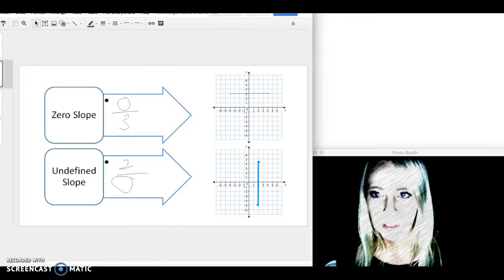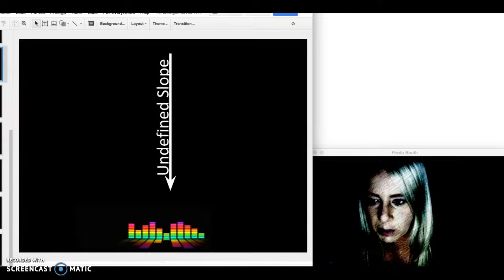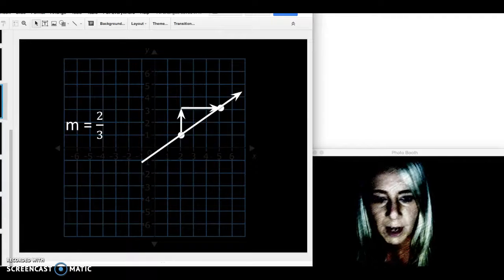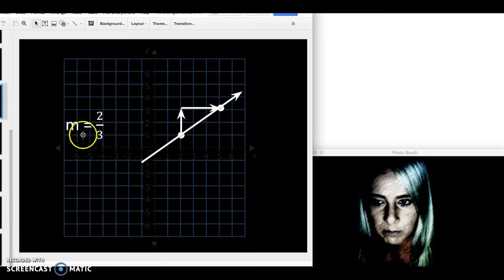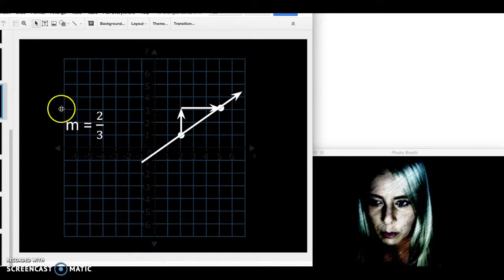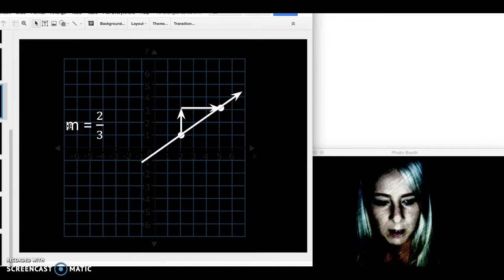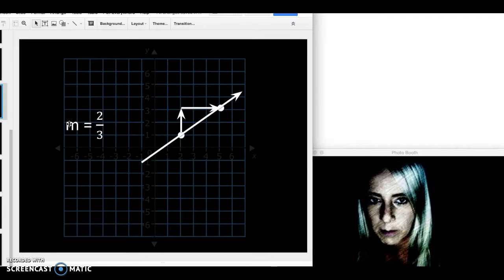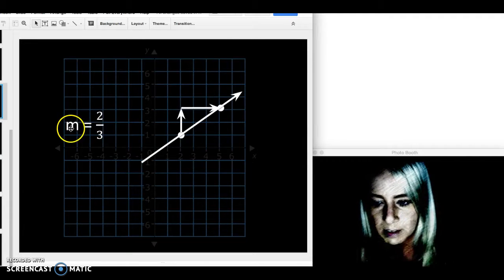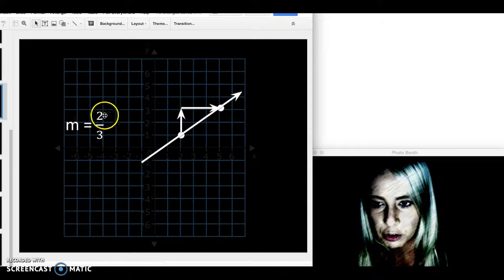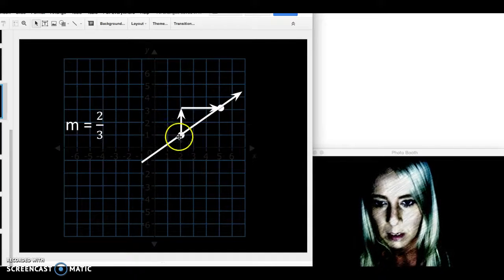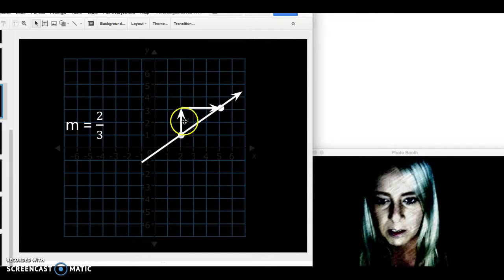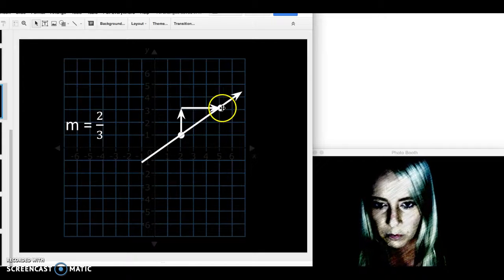Okay, one last thing that I want to talk about is how to find slope on a line. As we discussed last year, and this is a quick review, M stands for slope. It's the letter that we use for slope, and it's also in your slope-intercept form equation. So in this example, M equals 2 over 3. My slope is rise 2, run 3.